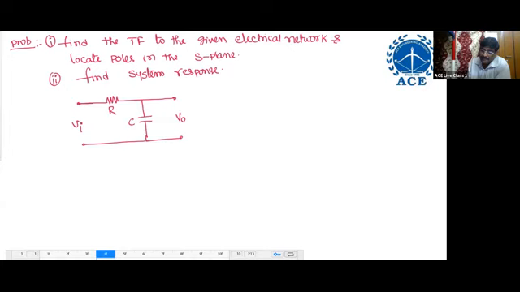Find the transfer function, come on. What is the answer? Anybody?